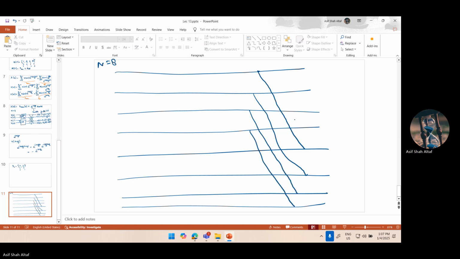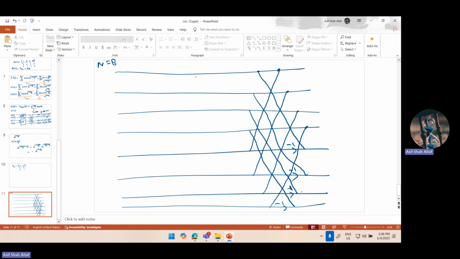And you will also require -1 here, and from here you will also require lines like this. Okay, so this is the first section.